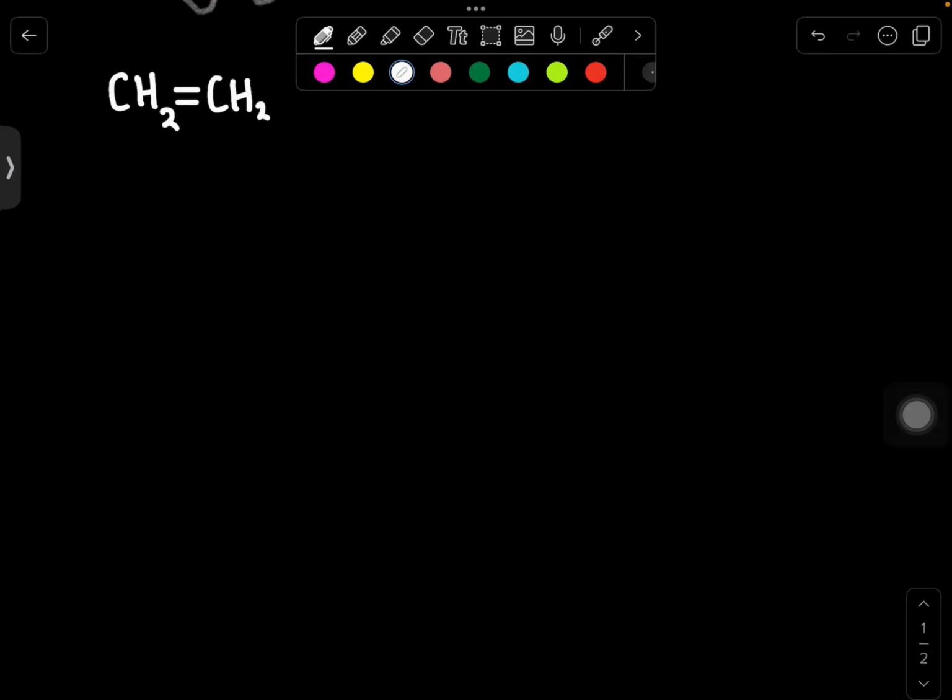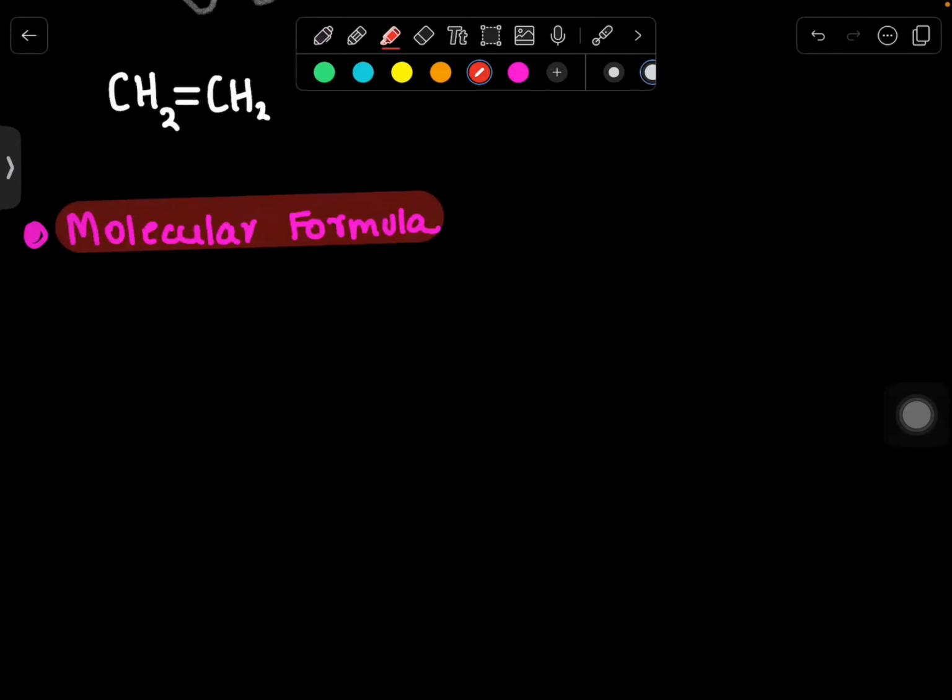The next formula that you need to know of is the molecular formula. The molecular formula comparatively has less amounts of information. It only shows you the type and the number of atoms present in that compound. Okay?